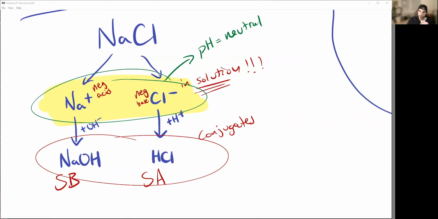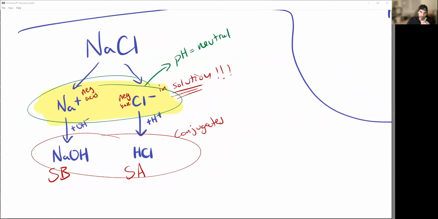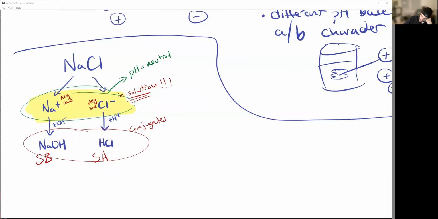We don't need to predict what the exact pH is. I can show you how to do that if you need to, but remember, strong leads to a negligible conjugate, just like a weak leads to a weak conjugate.